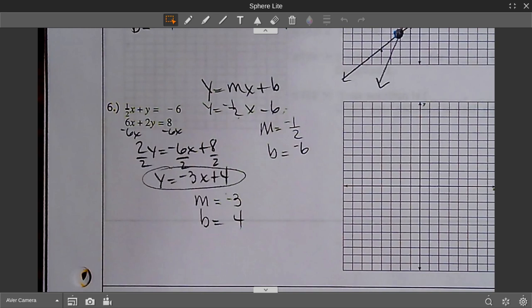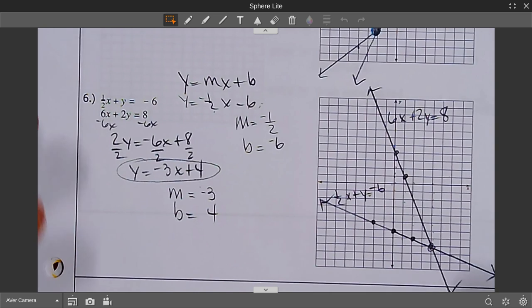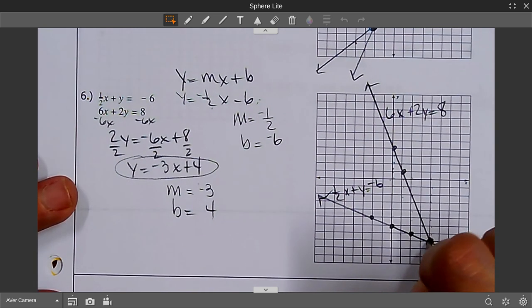What did you get for a solution? Where do the two lines cross? Jack, you're rocking this.